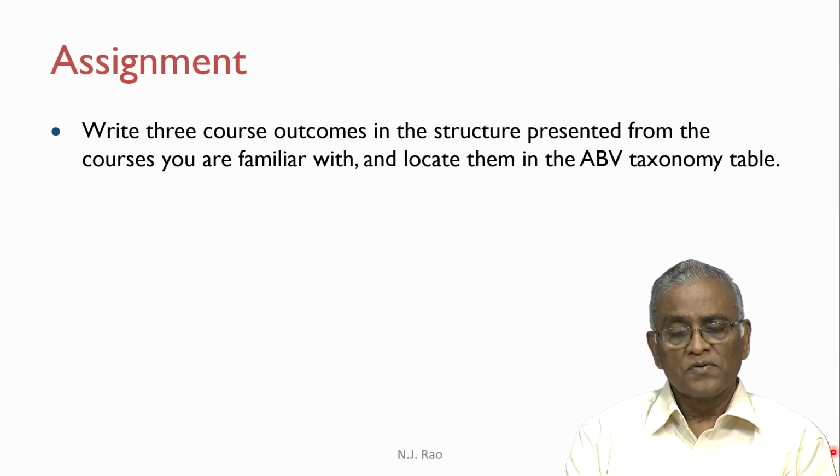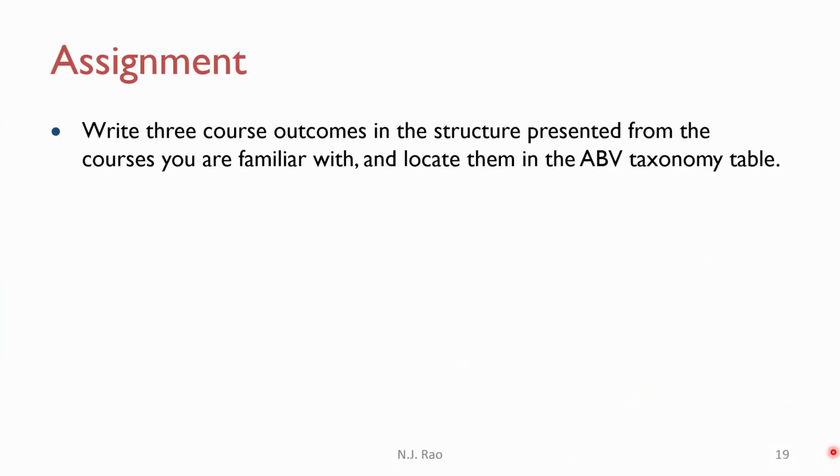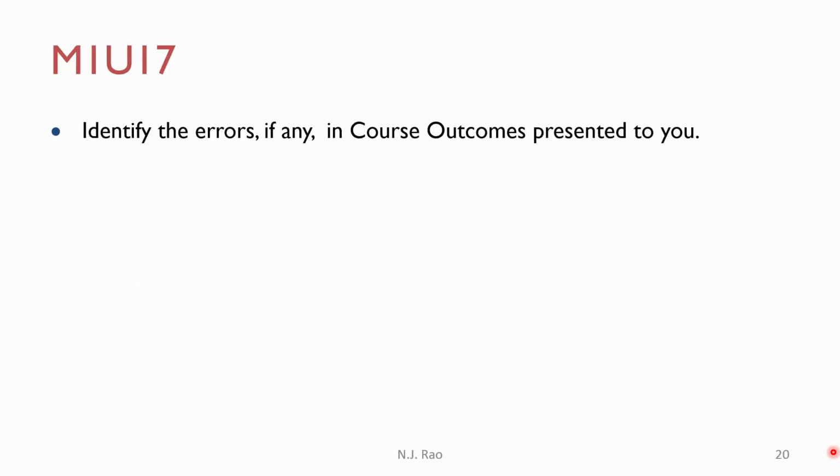As majority of you are engineering teachers, you pick a course or 2 you are familiar with or taught already and try to write 3 course outcomes as such. But the additional features of course outcomes we will explore in the next unit actually.